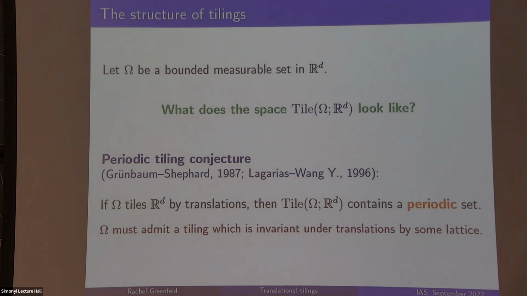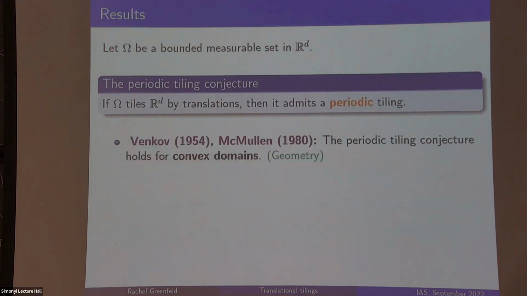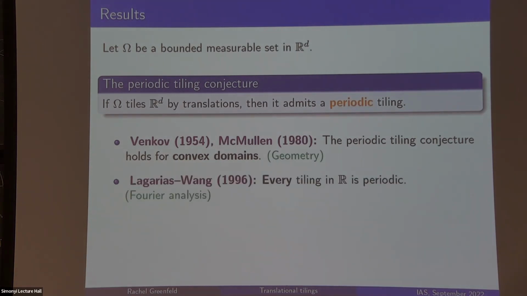So let me tell you some of the main results with regard to this conjecture. Kolountzakis and McMullen proved that the conjecture holds for convex domains in all dimensions using mostly geometry. Lagarias and Wang proved the conjecture in dimension 1 using Fourier analysis.